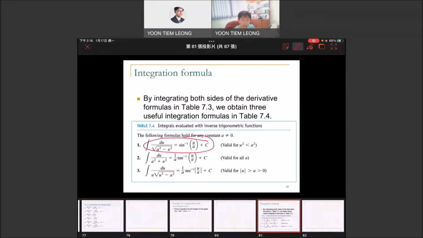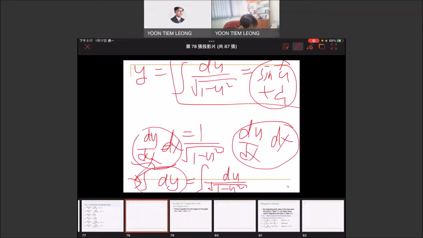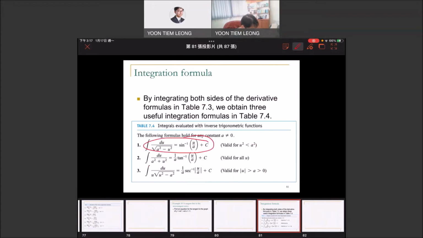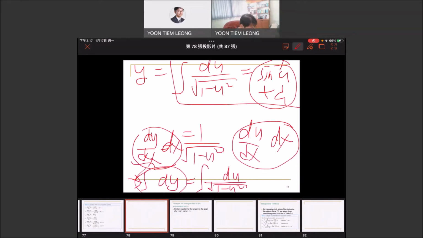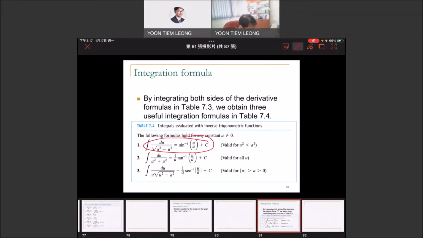Right? So this is the formula for arc sine. But the formula that you see here is slightly different from the formula I showed you here. This is du over the square root of 1 minus u squared, but here it is a squared instead of 1, but the rest are the same. If you compare these versions and my version, you find that this is true if a equals 1.